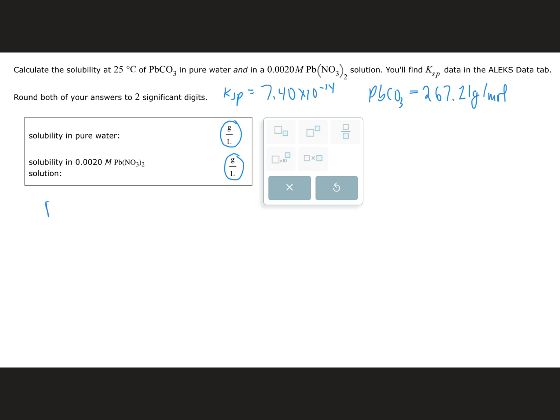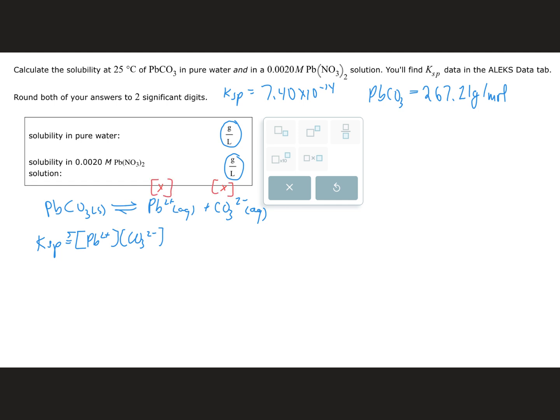So lead carbonate is going to ionize into a lead 2 plus and a carbonate, CO3 2 minus. So my KSP would equal the concentration of lead times the concentration of carbonate. When we set this up, I don't know lead, I don't know carbonate, but they should be equal to each other, 1 to 1.